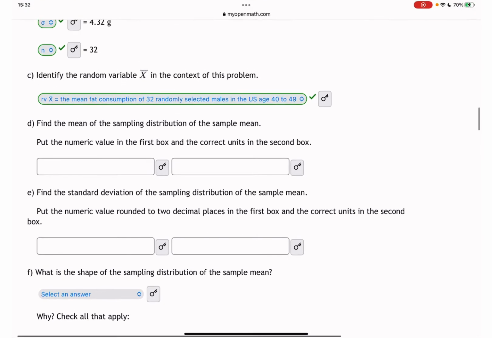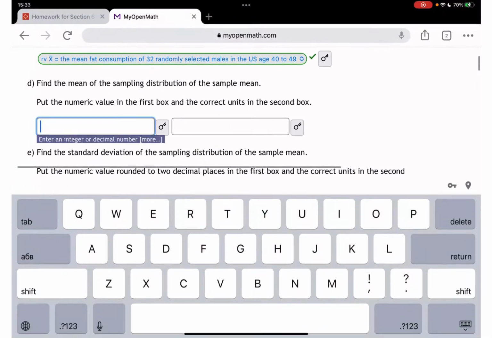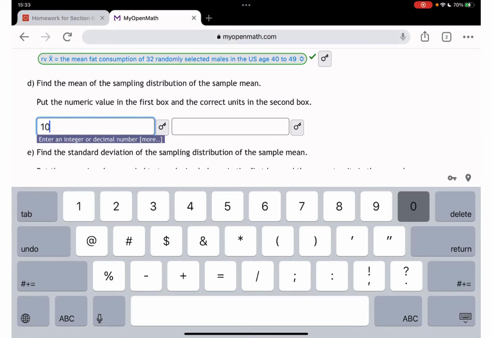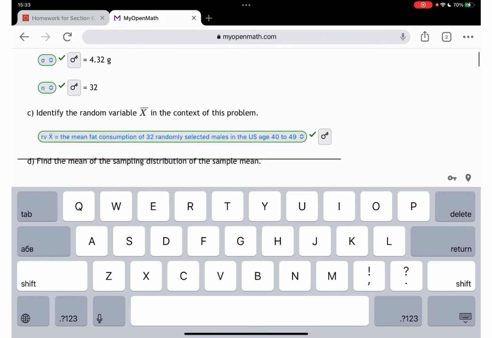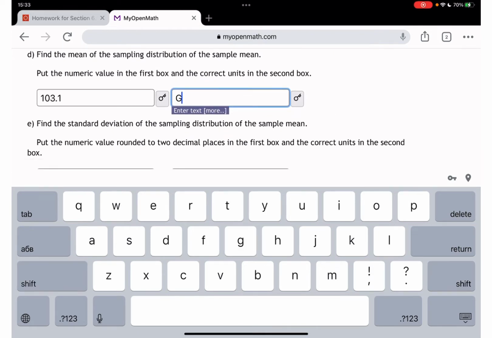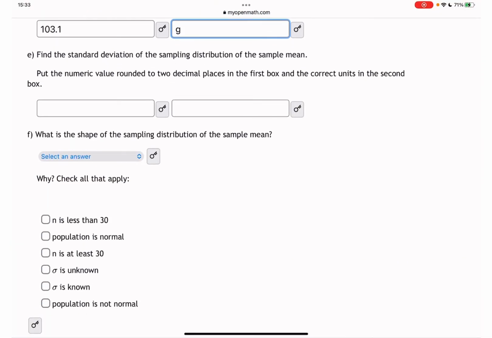What do we have? Our mean is 103.1. And here it's going to be gram, right? Yes, measured in gram. Lowercase.